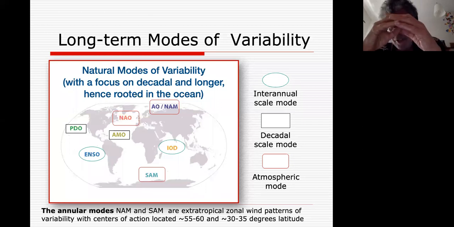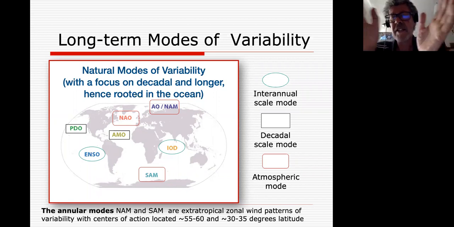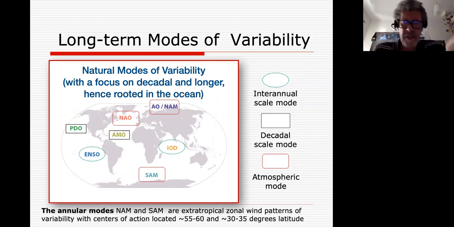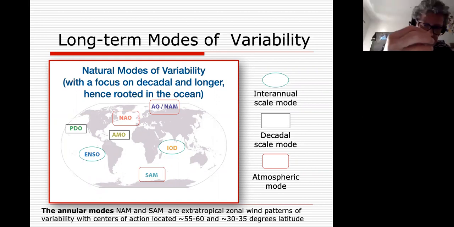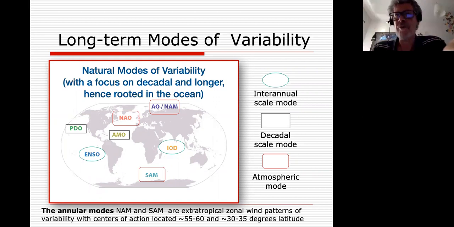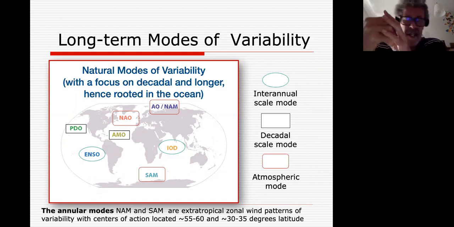Also the length and the onset have an erratic component that surely cannot support the concept of oscillator. So oscillation is a natural mode of variability. Oscillator is something more deterministic.